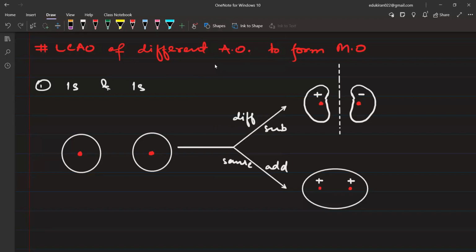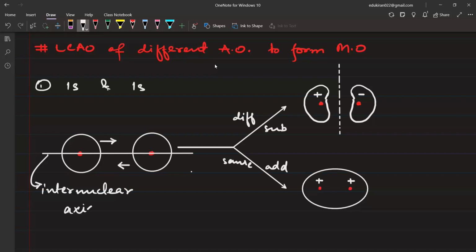Thank you very much. Now, see, this was the axis in which the nucleus, then both the nucleus were lying, and in the same axis they were moving, and then they combine. So the axis in which both the nucleus lie is known as internuclear axis.